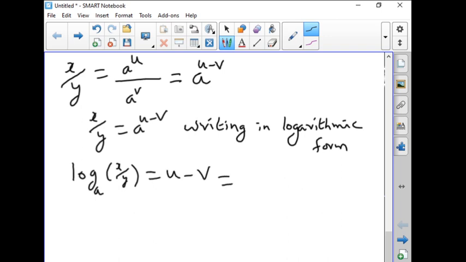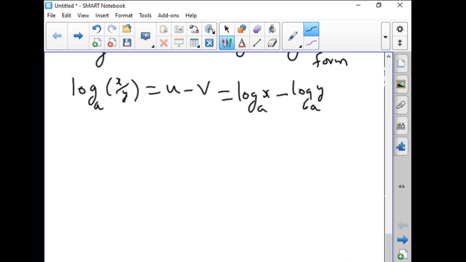What is u? u is equal to log x to the base a, and v is log y to the base a. So, what we have got? log x by y to the base a is equal to log x to the base a minus log y to the base a. So, this is called the quotient rule.